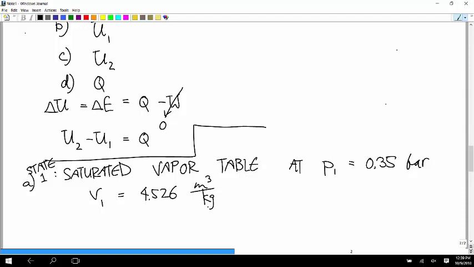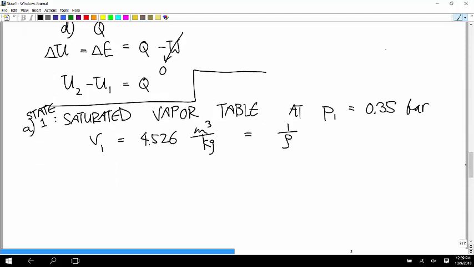And if you recognize that that is 1 over the density, or another way to write this is that the total volume, which is given, is equal to the mass times the specific volume.